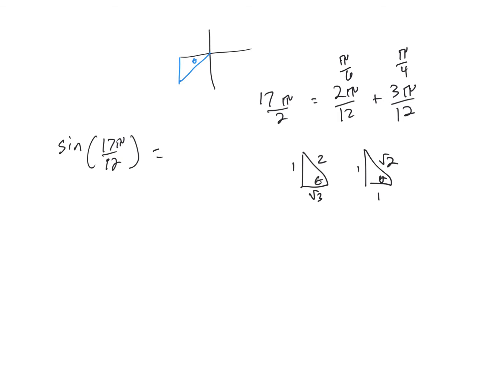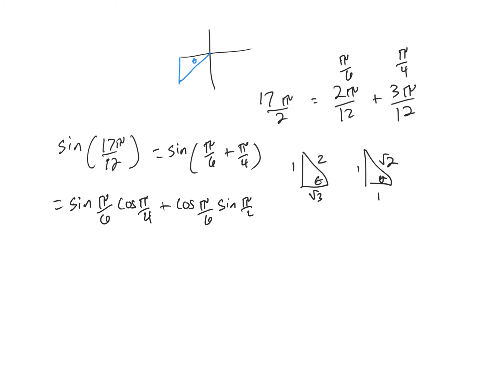So my sine of pi over 6 plus pi over 4 we want to find using our formula: sine of pi over 6 times cosine of pi over 4 plus cosine of pi over 6 times sine of pi over 4.